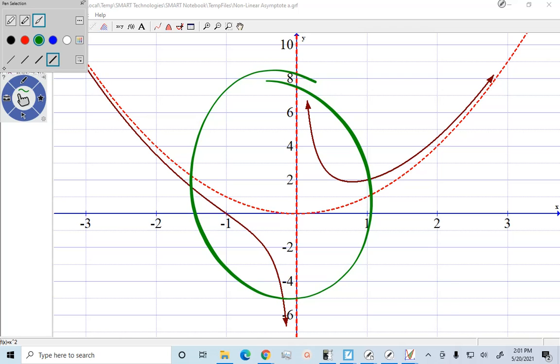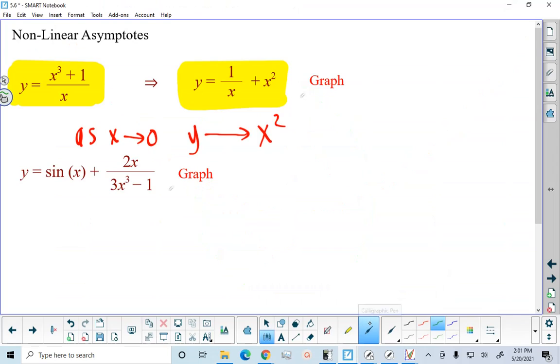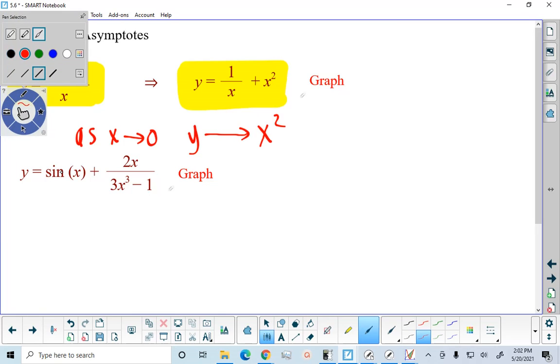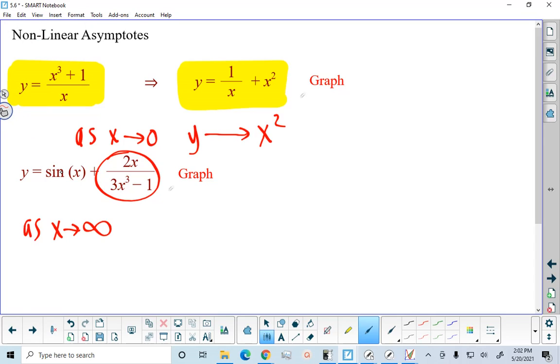Give you another example here. Take a look at this one. Now, I actually have these in the opposite order, but as x approaches infinity, this will approach 0 because the degree on the top is smaller than the degree on the bottom, which means as x approaches infinity, y will approach sine of x.